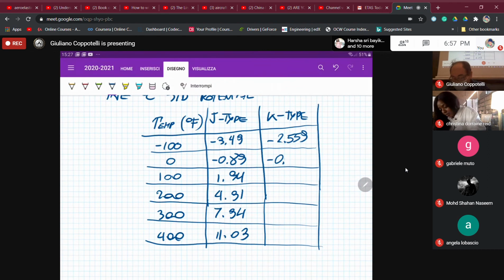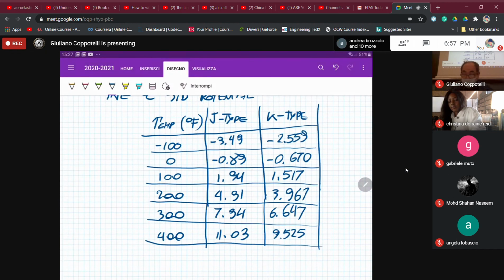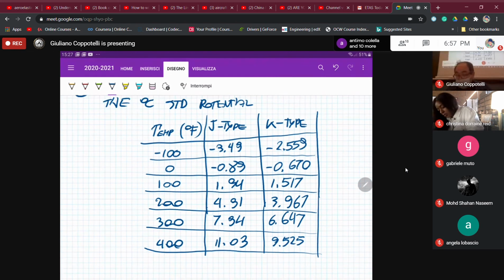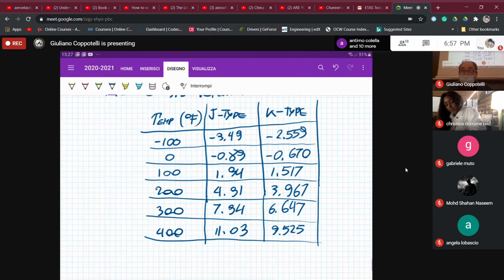0, 0.670, 1.517, 3.967, 6.647, and 9.526. Okay, these are the standard potentials of these two types of thermocouples, J type and K type, for which the cold junction is at 0 degrees Celsius, 32 in this case Fahrenheit, and the hot temperature is at the different temperatures that I report in the table.